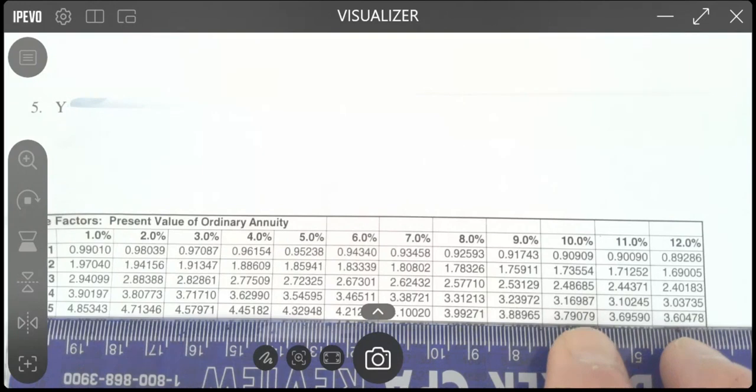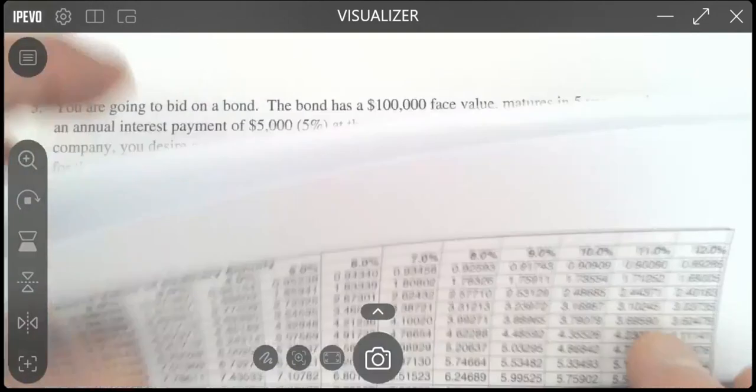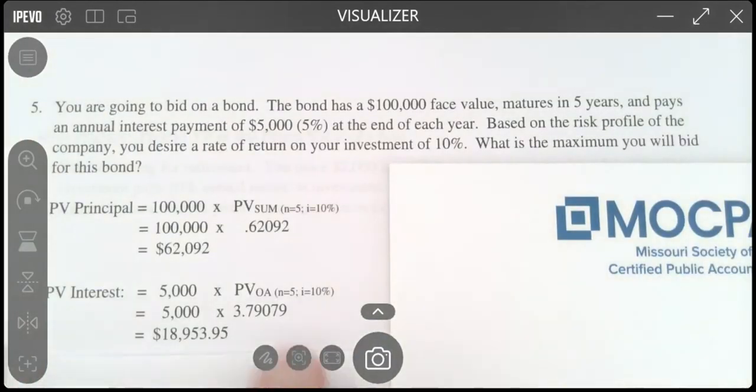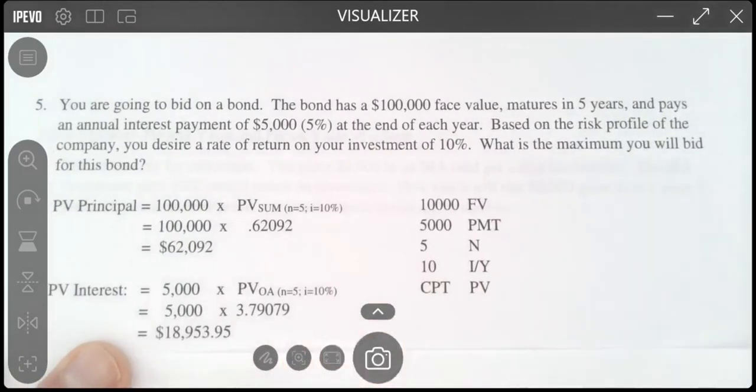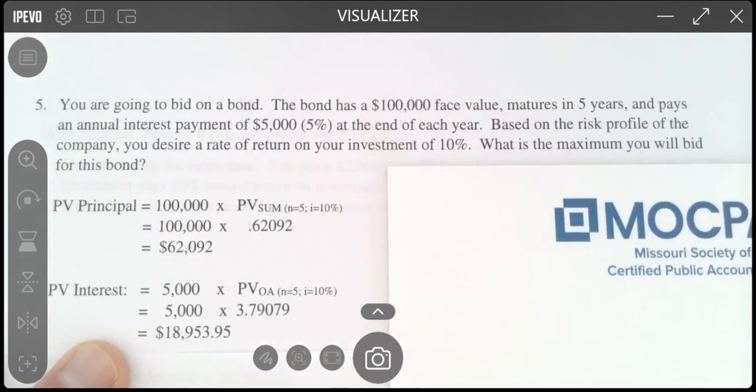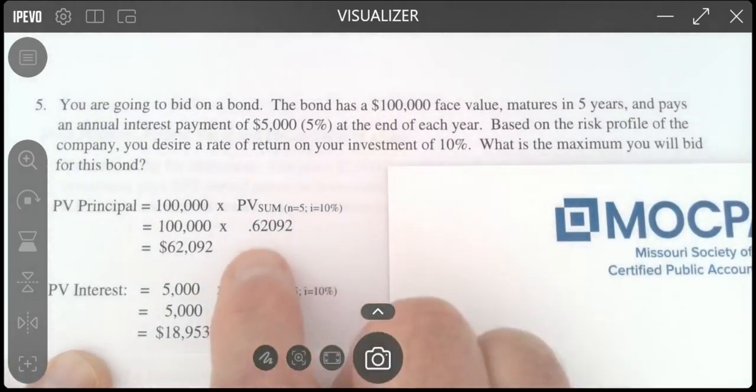And it's right there, 3.79079. And so that value is, when you multiply 5,000 times 3.79079, you get $18,953.95. Now let's come back to that calculator inputs.